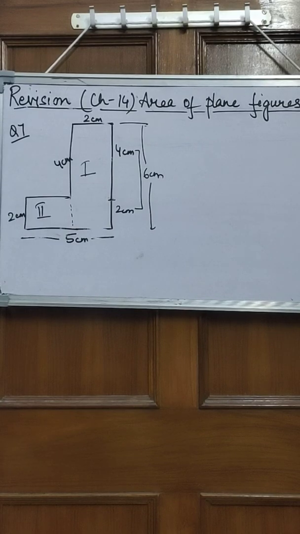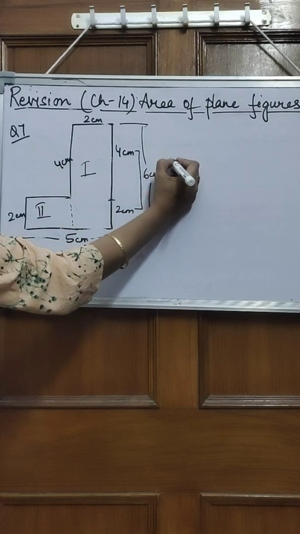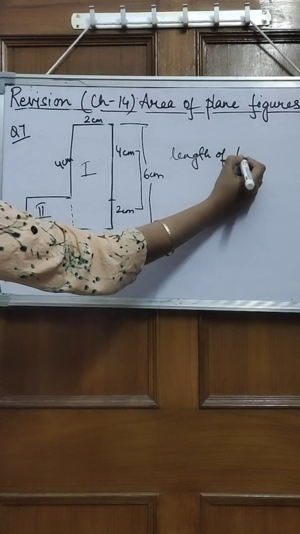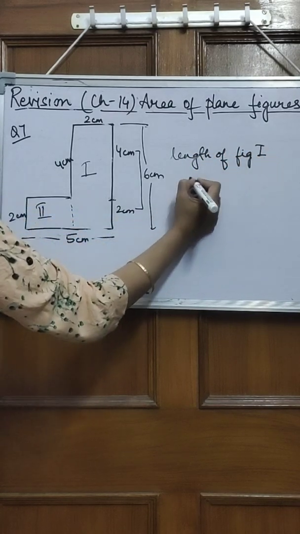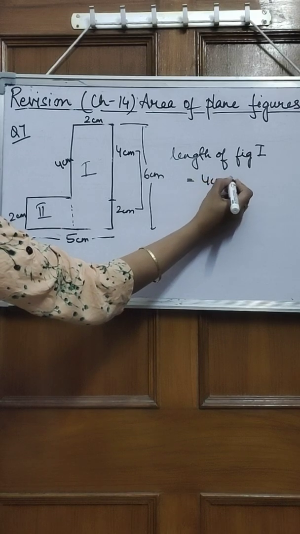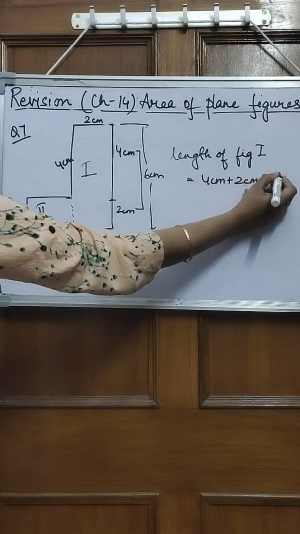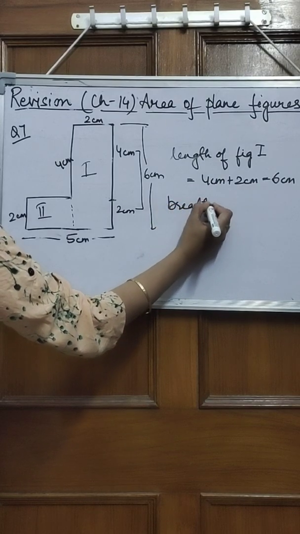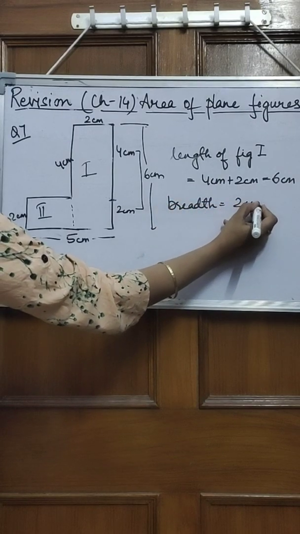So we have the length of the figure 1 and breadth of the figure 1. Length of figure 1 is 4 centimeter plus 2 centimeter, that is 6 centimeter, and breadth is 2 centimeter.